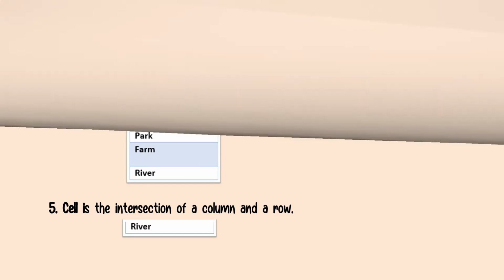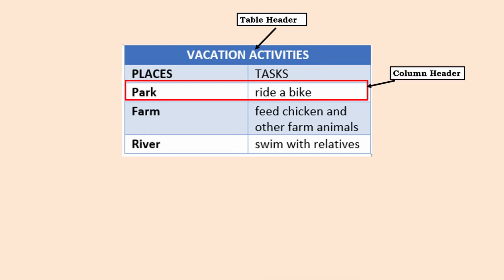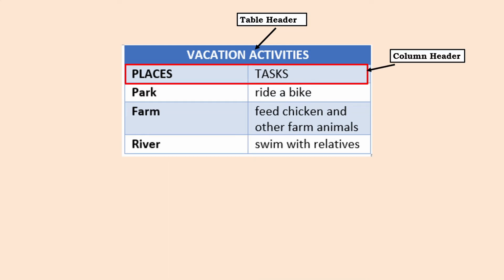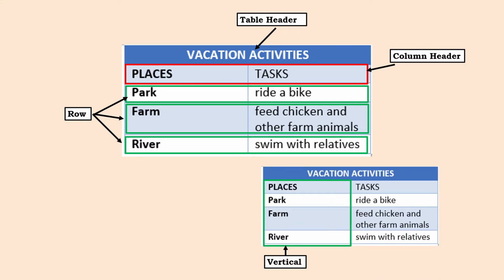Now let us look at this illustration. This is the table header, the column header, the rows. Then this one, you have the columns, the places: park, farm, river.